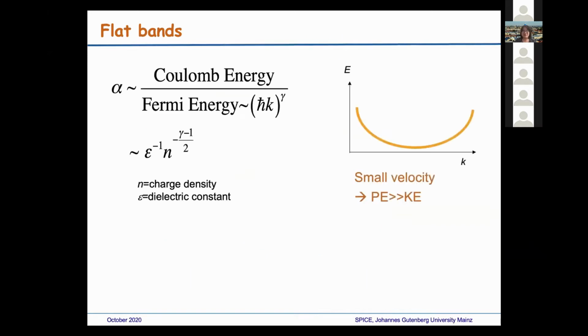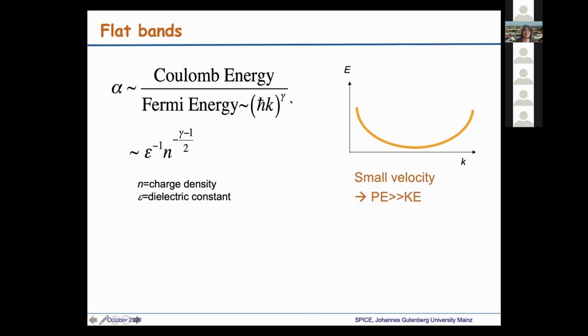So flat band: one simple parameter to parameterize the interaction effect, of how flat the band is, is the fine structure constant, or sometimes we call it the interaction parameter, which is basically the ratio between Coulomb energy and Fermi energy. It is inversely proportional to the dielectric constant of the environment, and it also depends on gamma, which is the power of the energy-momentum dispersion.